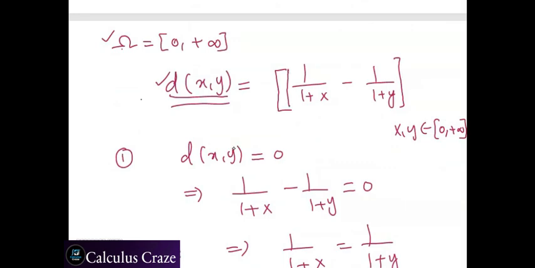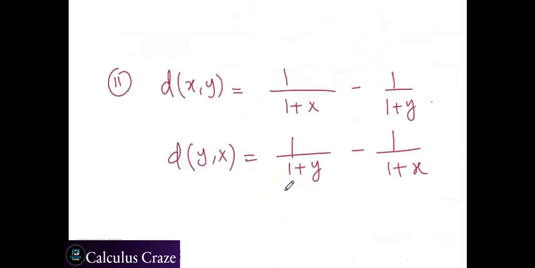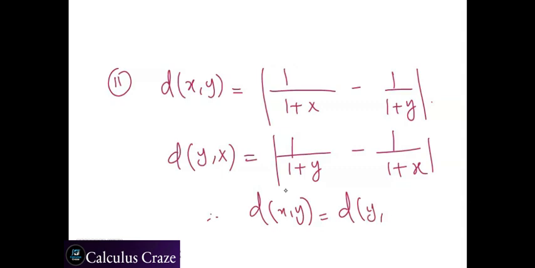I missed this. There is a mod. Okay, it's perfectly fine now. Now these are equal, so just take minus as common and you will get that the distance between x and y is the same as the distance between y and x.